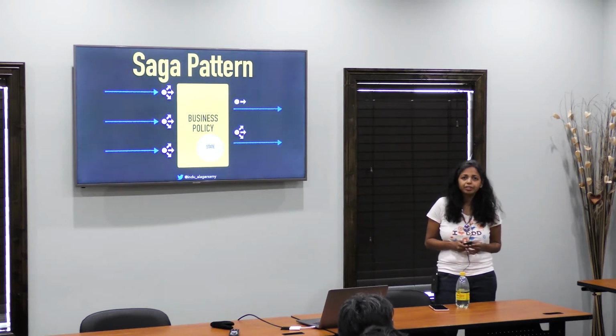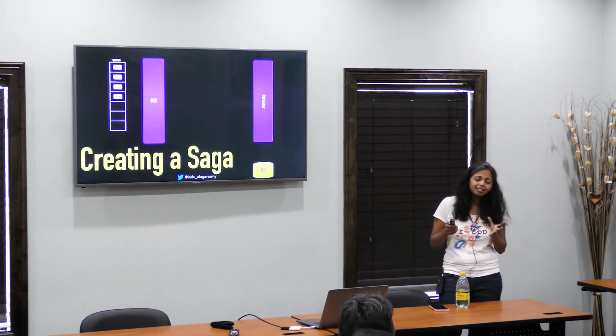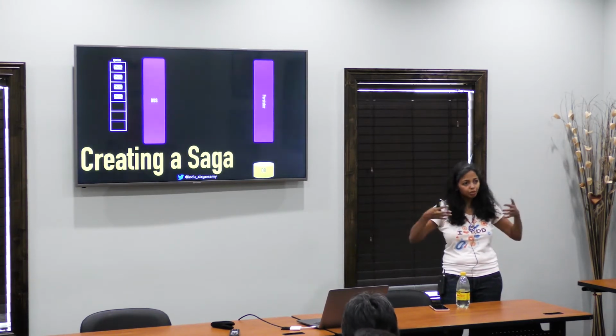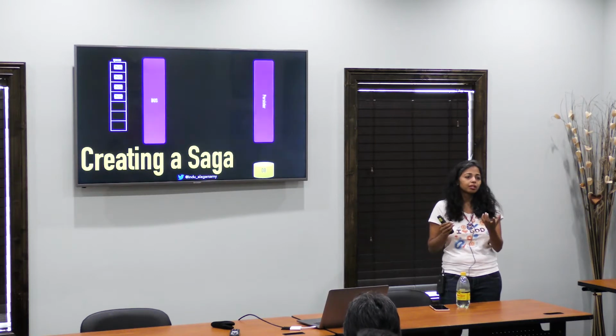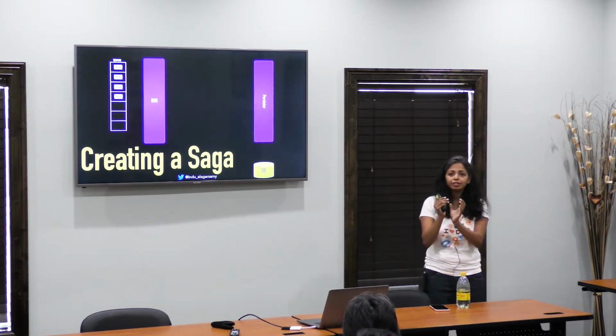So the way it works in Service Bus is a saga is something that is capable of handling multiple message types and has this useful state information that you can use to see, okay, what is the state of the business process.